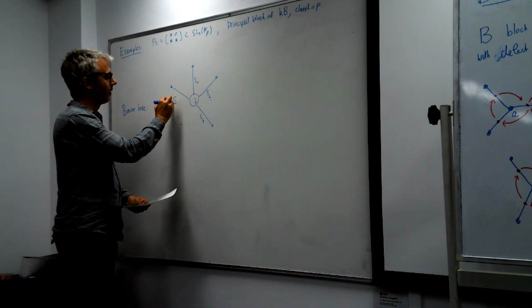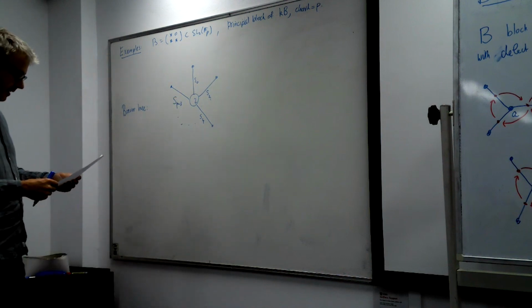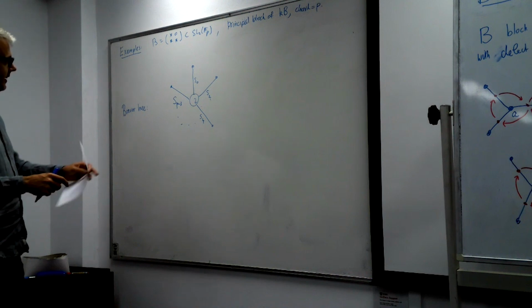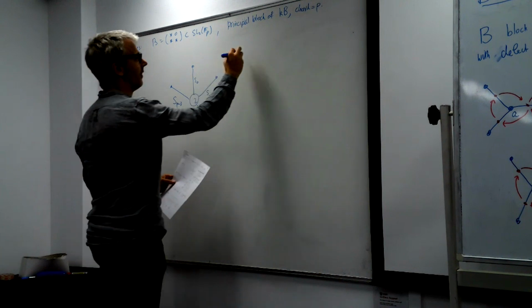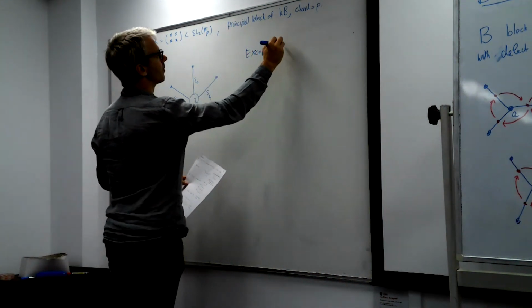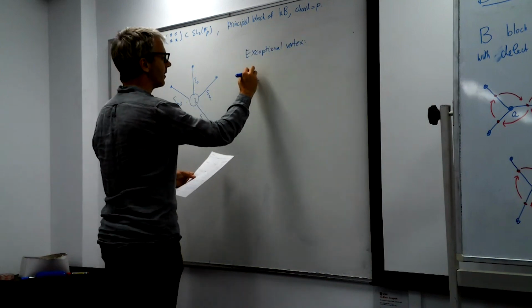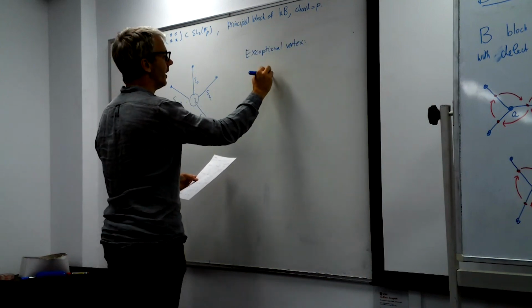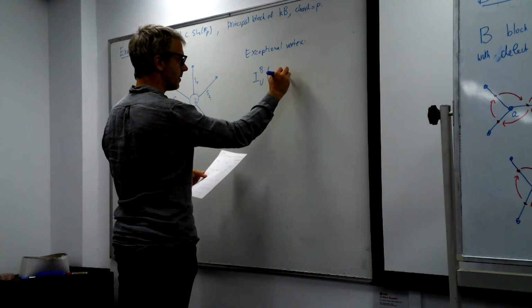So you'll see that the relation, yeah, so I should say the exceptional vertex is the induction from U to B in the notation that we were using last time, chi0 plus chi1.